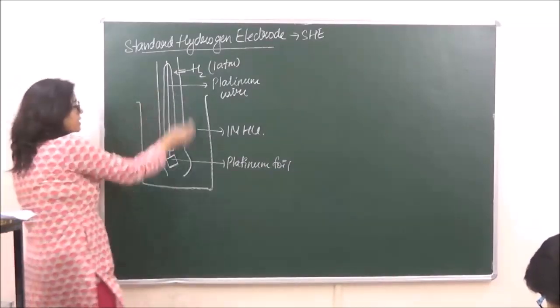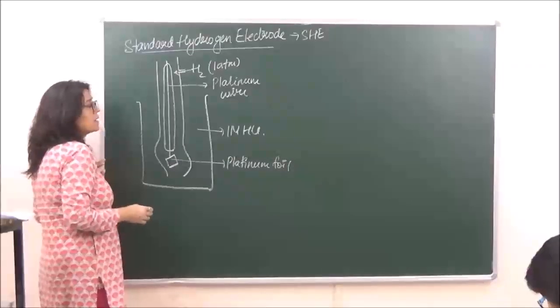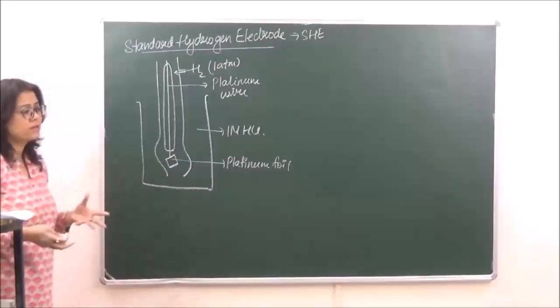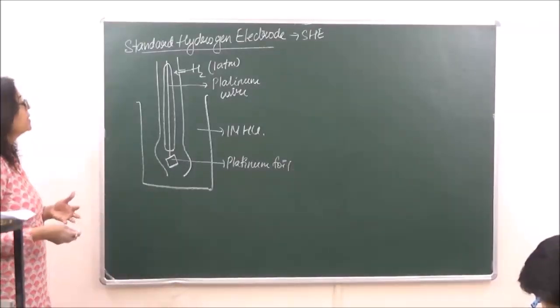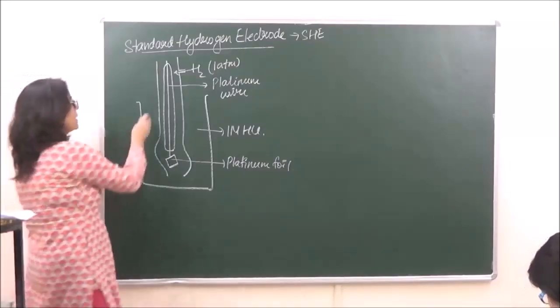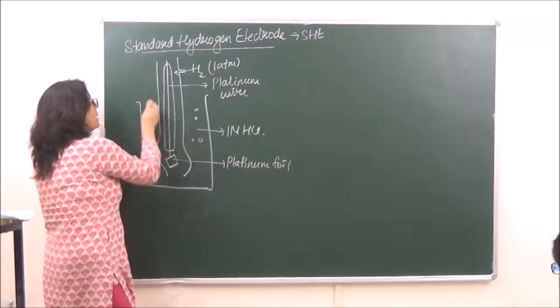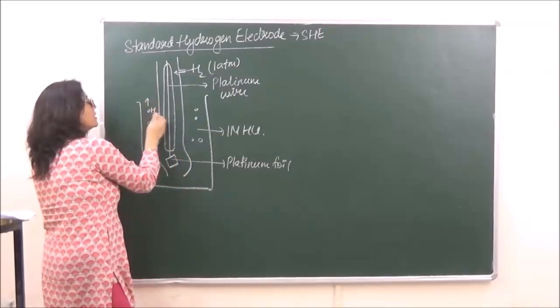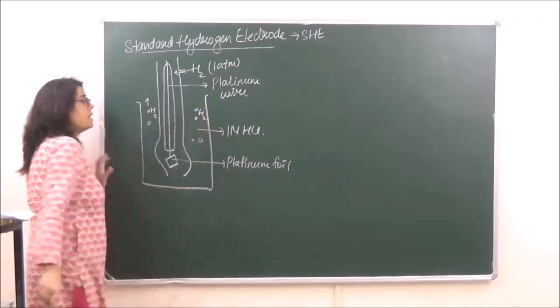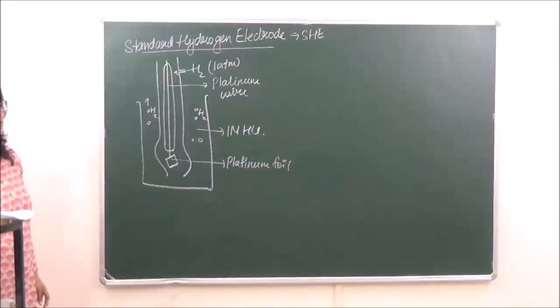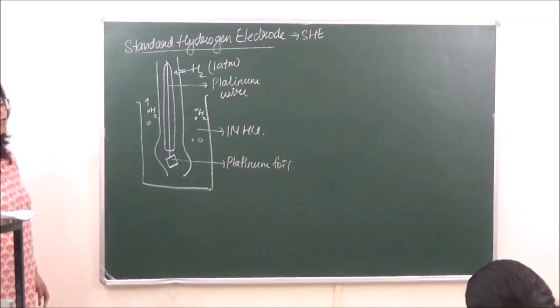As soon as it is taken as a couple with another electrode, the one whose potential you want to calculate, we see that bubbles of hydrogen can be seen in 1 molar HCl. This is the excess hydrogen which is escaping through the H positive electrolyte.